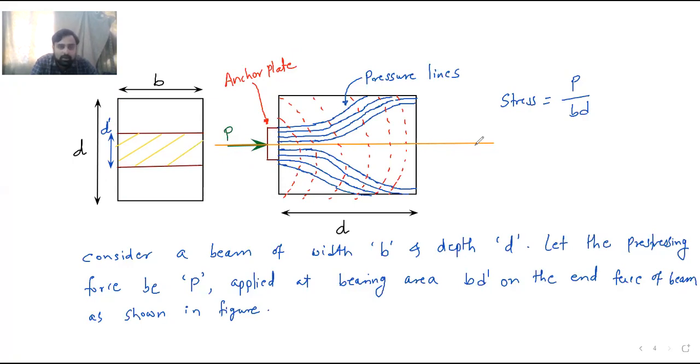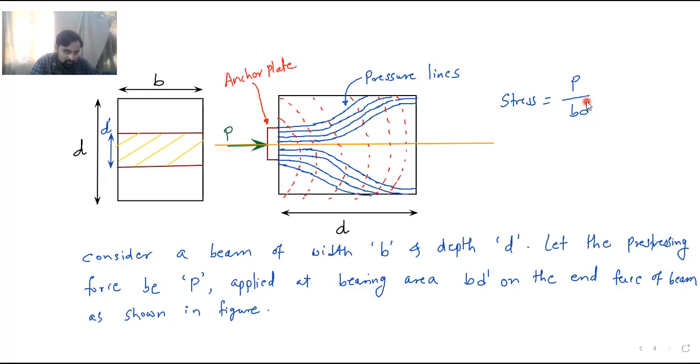Okay, but actually it is observed experimentally that although this formula is true, P by B D should be the stress, practically we observed that here the concentration is greater than this quantity. Are you getting my point? Here you will evaluate the stress, P by A, some quantity, 100 Newton per mm square, 200, 300.